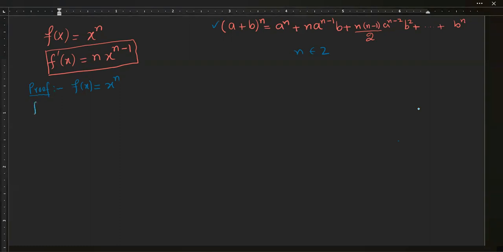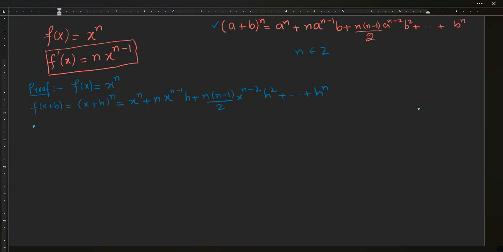So we also need f of x plus h, which is equal to (x + h)^n, which can also be written as x^n plus n times x^(n-1) h plus n times (n-1) divided by 2 x^(n-2) times h^2, and so on till h^n. So that's basically because of this formula. So ये formula इसको इस्तेमाल करते हुए f of x plus h इसके बराबर है.